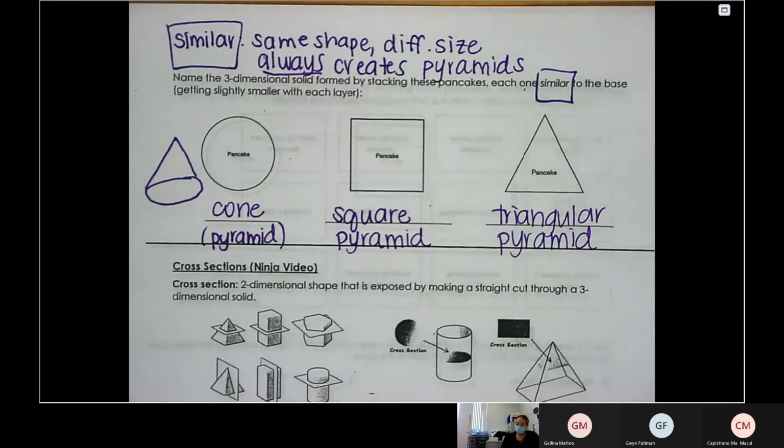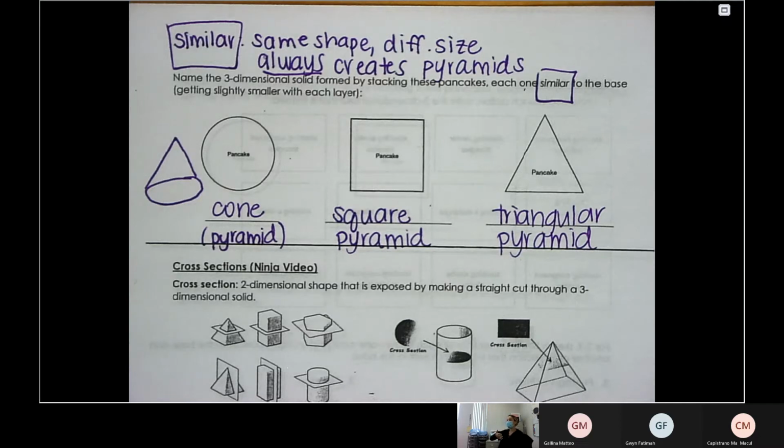Okay, now for our last section, we're going to talk about something called a cross section. So we're actually going to watch a quick video. It's very quick, like 1.5 minutes. The video is going to talk about a cross section, and a cross section is where I take a 3D shape and I cut it and I make a slice into it.